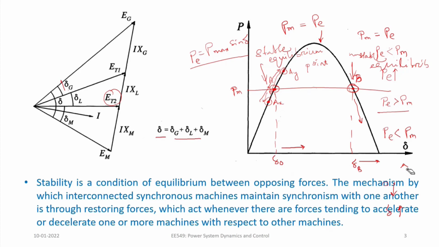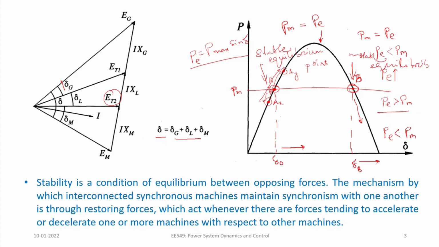The mechanism by which interconnected synchronous machines maintain synchronism with one another is through restoring forces. This is the restoring force we are talking about, which acts whenever there are forces tending to accelerate or decelerate one or more machines with respect to the other machines. So we are talking about only two machines, but a multi-machine system can also be considered.